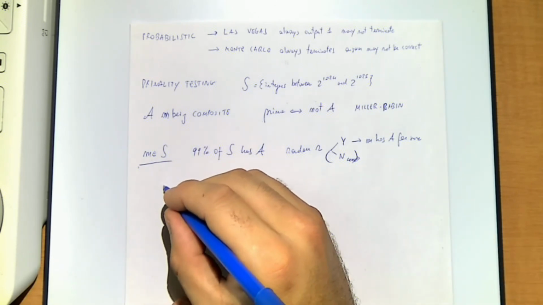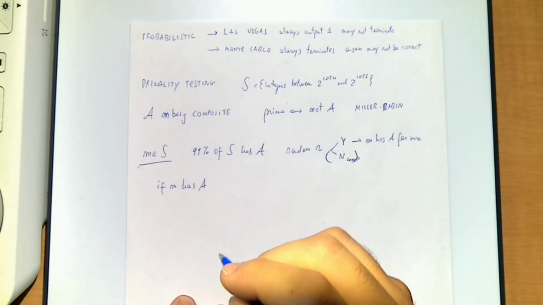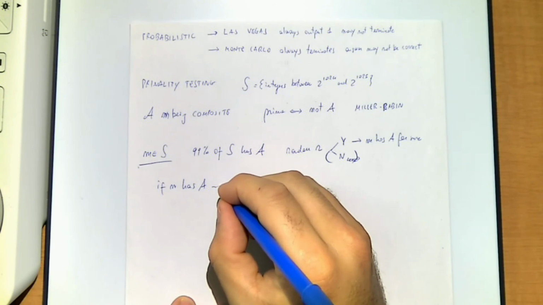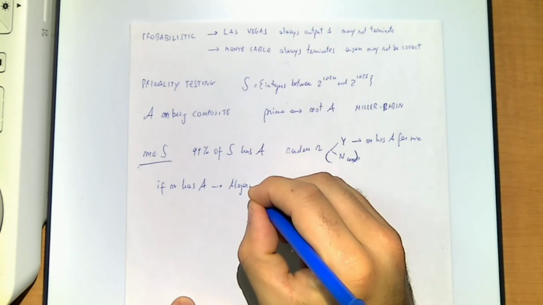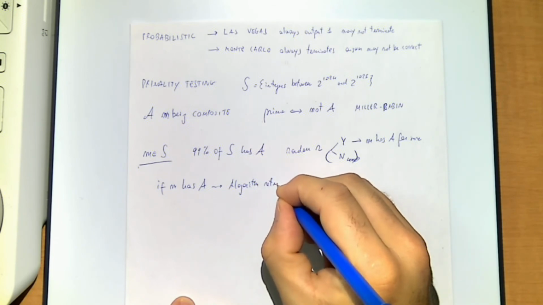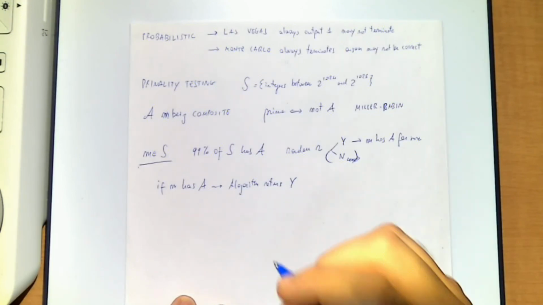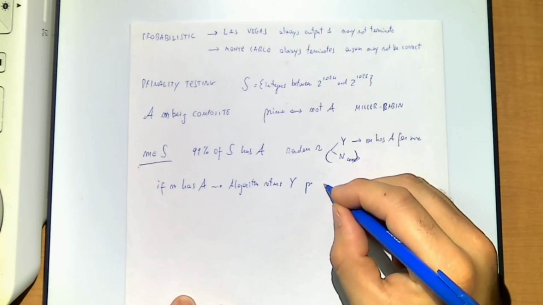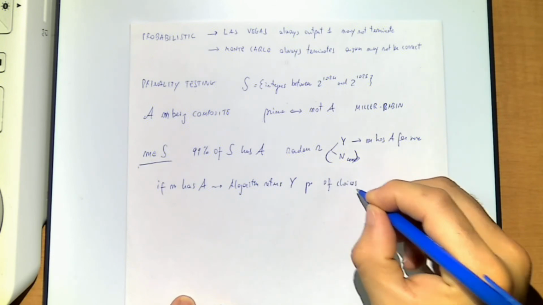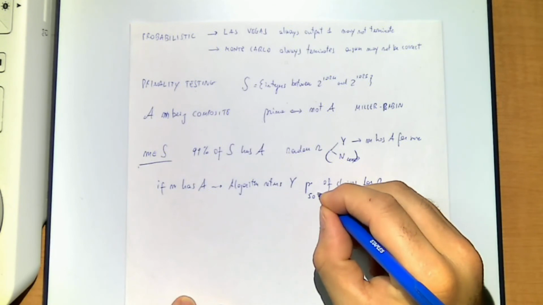But if M has A, then the algorithm returns yes for, say, a certain probability of choices for R. For example, this could be, I don't know, 50% of the time.